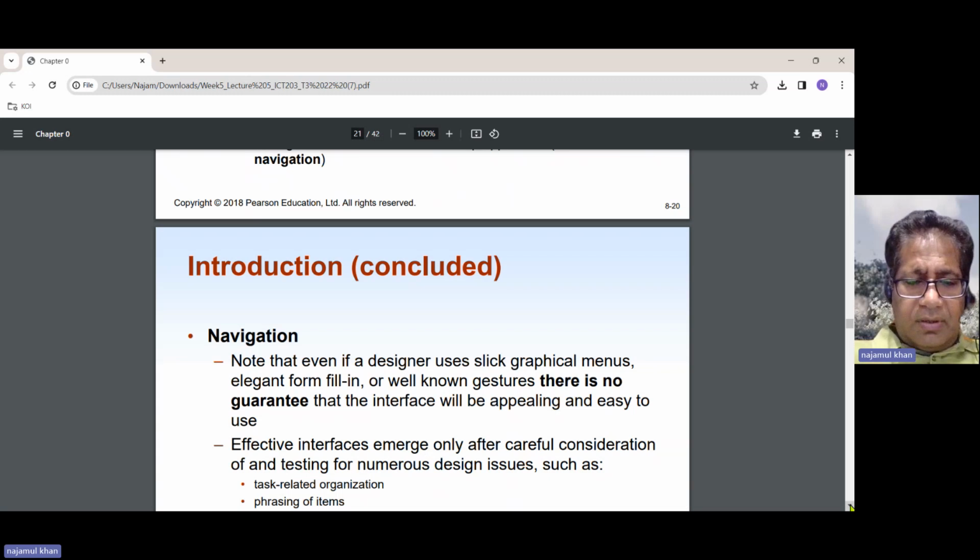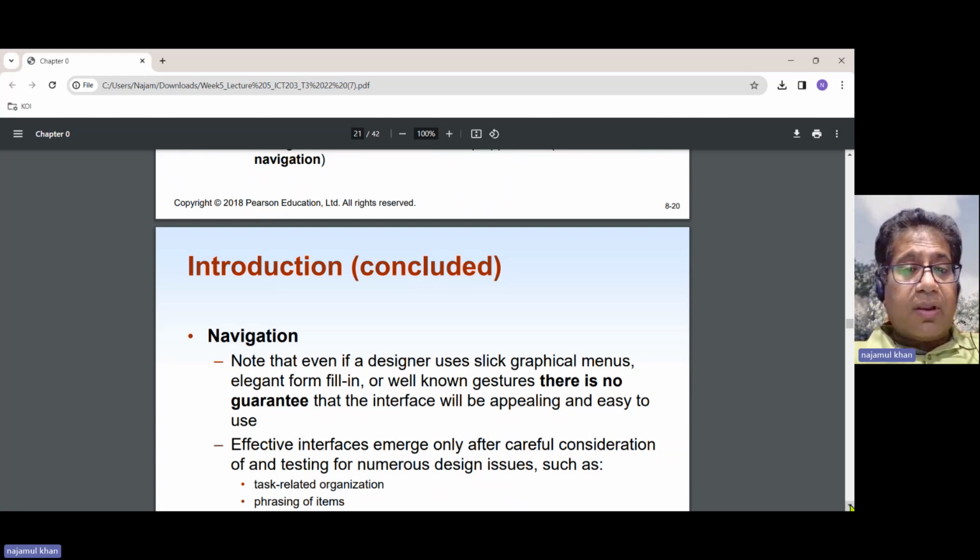Now the important thing to note here is that even if a designer uses slick graphical menus, which are usually found on a computer screen, if you're using Windows, Microsoft Word, or Facebook, they all may look easy to use, but there's no guarantee that the interface will be appealing and easy to use. So this is important as well.